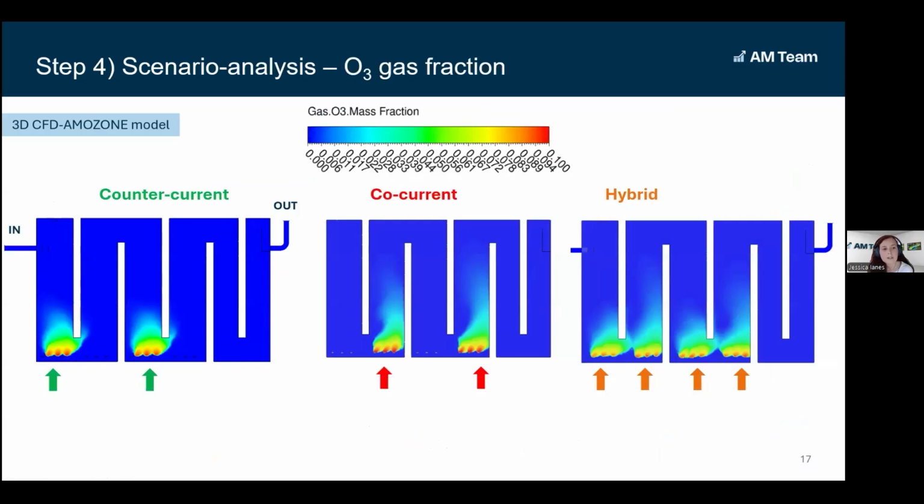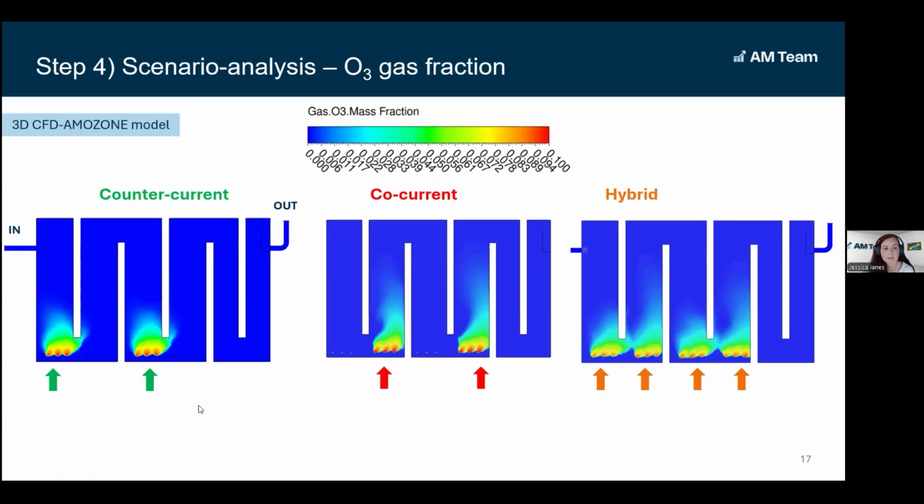You can see here the results for the ozone gas concentration. So you see in the counter current configuration, we have ozone only injected in the first and third chamber, while in co-current second and fourth, and hybrid, we have the ozone in all the 4 chambers.